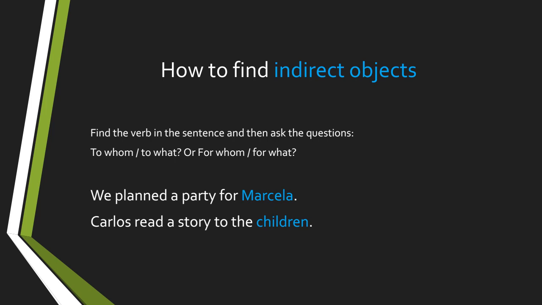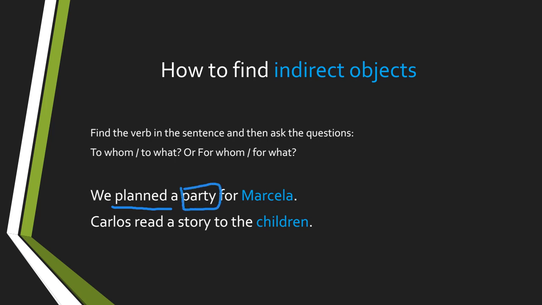So for example, we planned a party for Marcella. We're going to look for our verb first. So we know that planned is our verb. And then we're going to ask to whom, or to what, or for whom, or for what did we plan a party. Now, sometimes it's helpful to go ahead and identify your direct object.